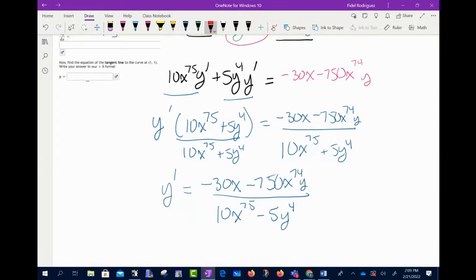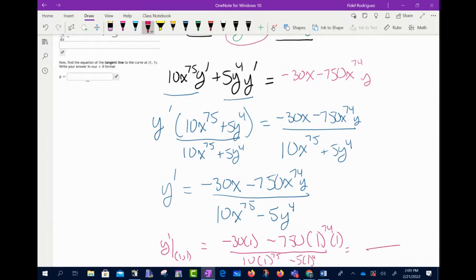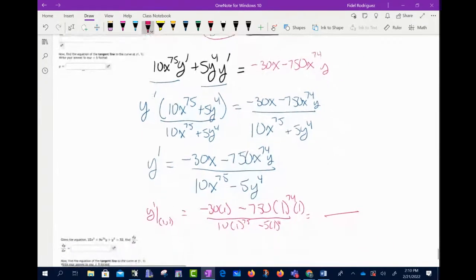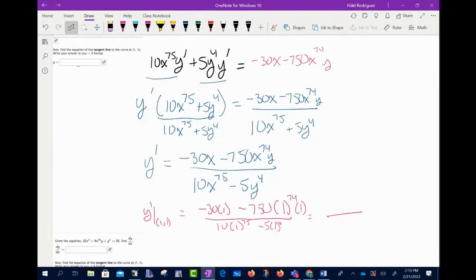So, when we plug in the (1, 1), negative 30 times 1 minus 750 times 1 to the 74th times another 1 over 10 times 1 to the 75th plus 5 times 1 to the 4th. Okay, everybody agree that 1 to any power is still going to give me 1? So if this is going to give me a 1 and that's going to give me a 1, what number would I end up with upstairs? Anybody know?